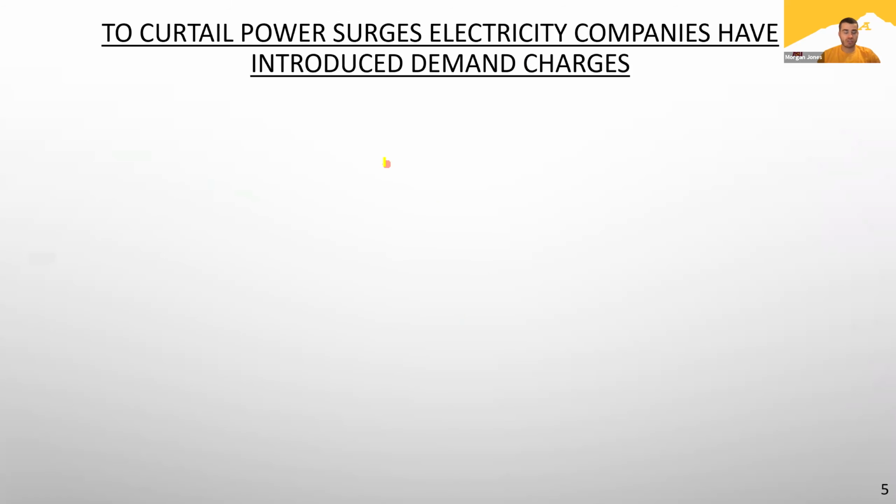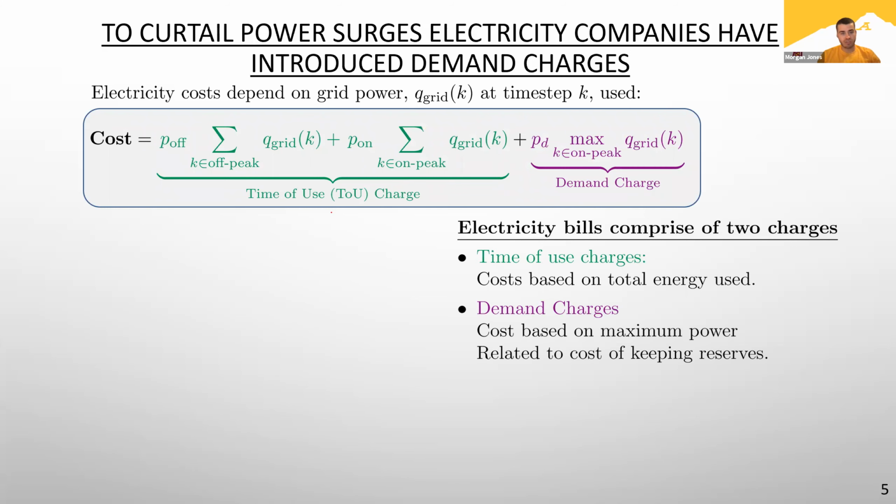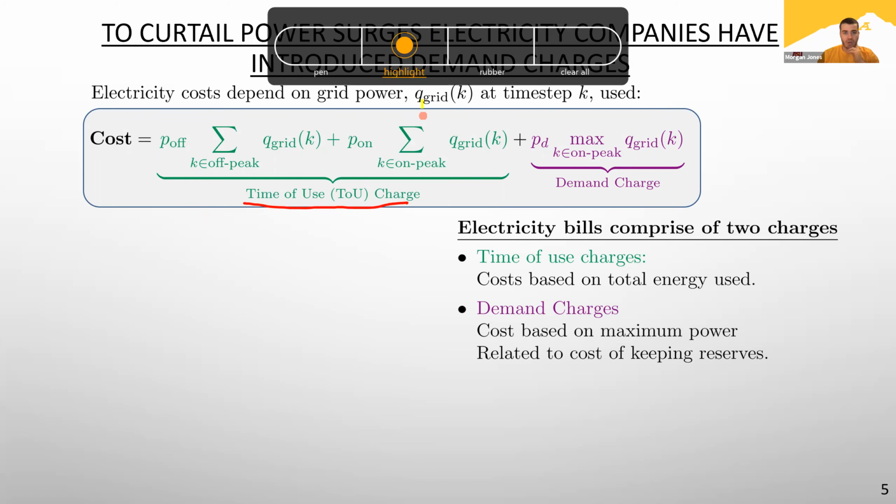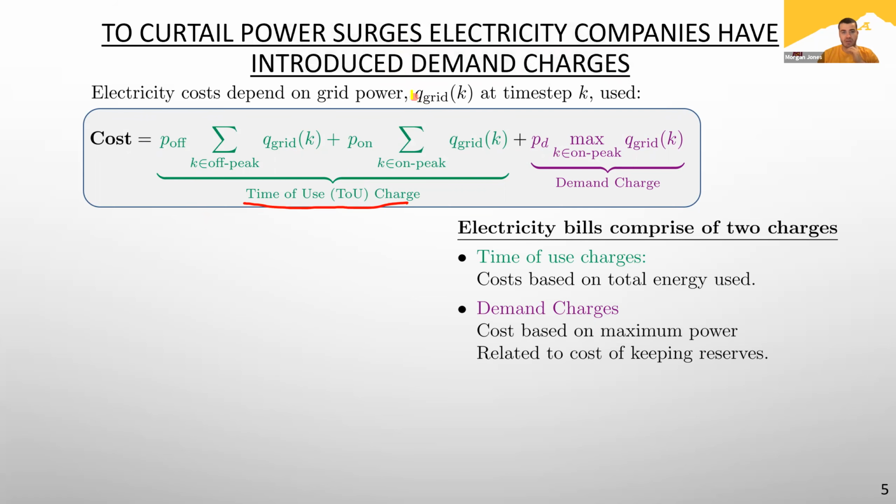So to curtail power surges, electrical companies have now changed the way they bill customers. Traditionally, the electrical bill of customers was just based on the time of use charge, and this is represented in green. If we denote the power required by the customer at some time k by Q grid, then the time of use charge is proportional to the amount of power required by the customer during off-peak and on-peak times.